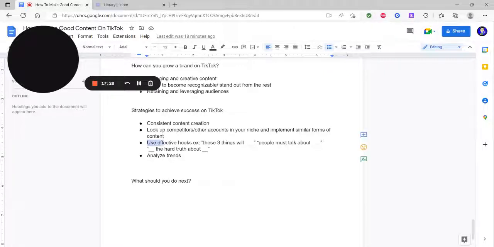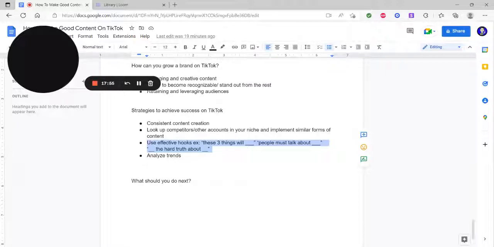And again, you can use effective hooks. People, when they're on TikTok, look at a video for less than half a second, and already they decide if they want to scroll or not. So the hook is very powerful, and the thumbnail. That's why YouTube thumbnails make or break whether someone clicks on the video, because it intrigues them. You want the hook to be the main course of your video.